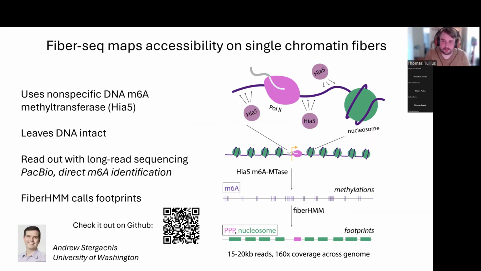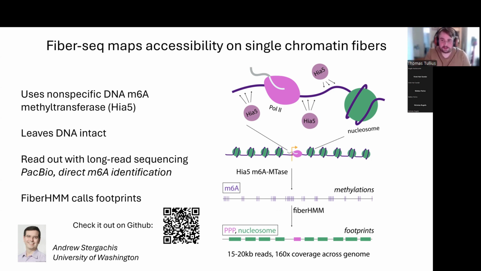So what is Fiber-seq? Fiber-seq was developed by a former postdoc in Sterling's lab, Andrew Stergachis, who now runs his own lab doing really cool stuff with Fiber-seq at the University of Washington. The basic idea, like a few other recent single molecule genomic approaches such as SAMOSA and SMF, is that instead of the traditional approach of degrading all the accessible DNA, we mark it, in this case with a non-specific DNA adenine methyltransferase, which adds m6A residues throughout accessible DNA.